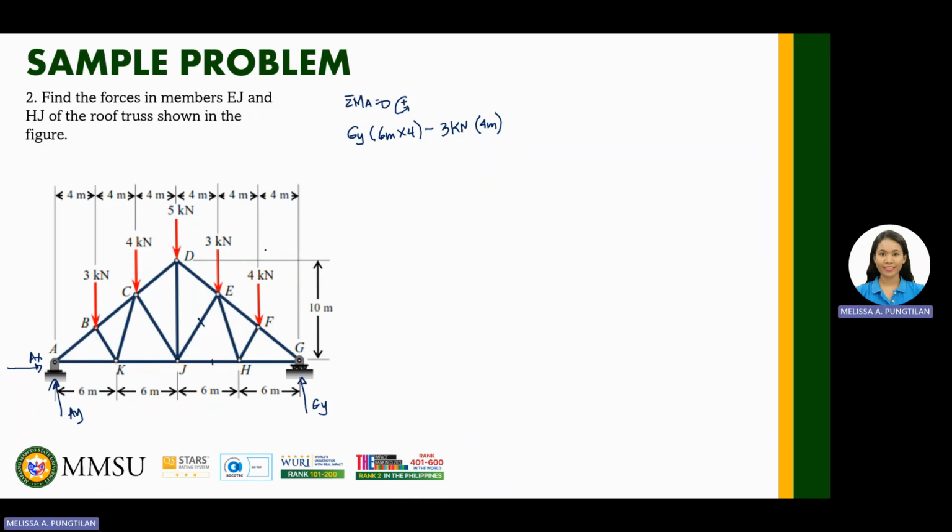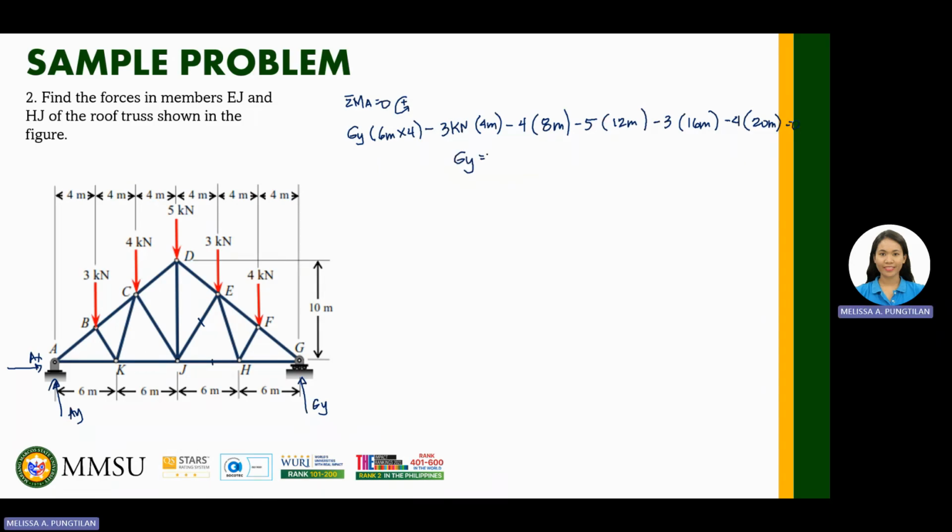Okay, next, minus 4 kilonewton by 8 meters. Next, minus 5 kilonewton by 12 meters. Minus 3 by 16 meters. Minus 4 kilonewton by 20 meters is equal to 0.